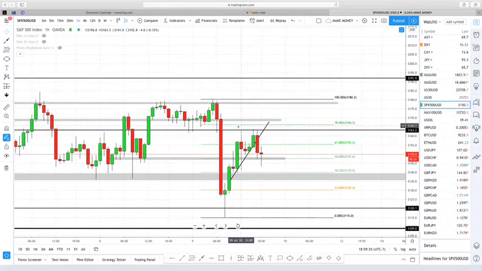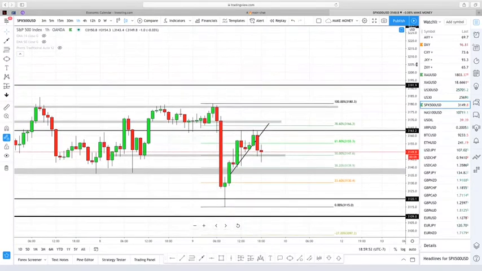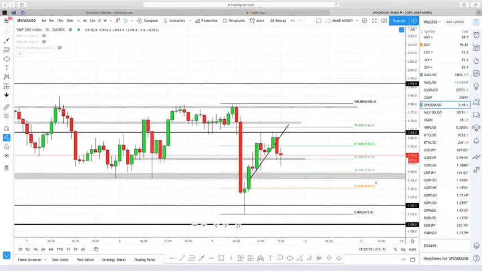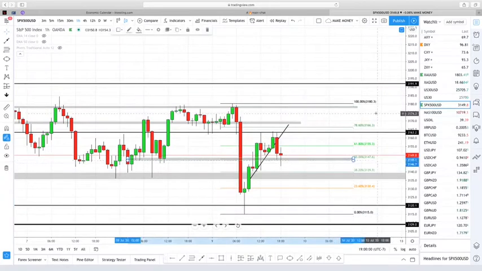So now we have equal lower highs. We have our lower low right here. We're looking for another move down. And this right here could be somewhat of a lower low, but we'll have to see. It's about to close right now, but we do look like we're getting some reactions from here.